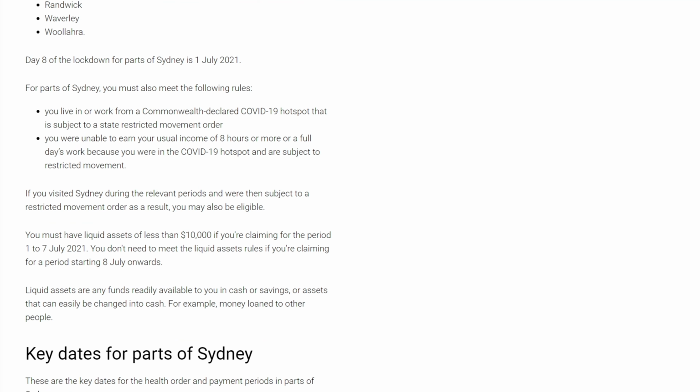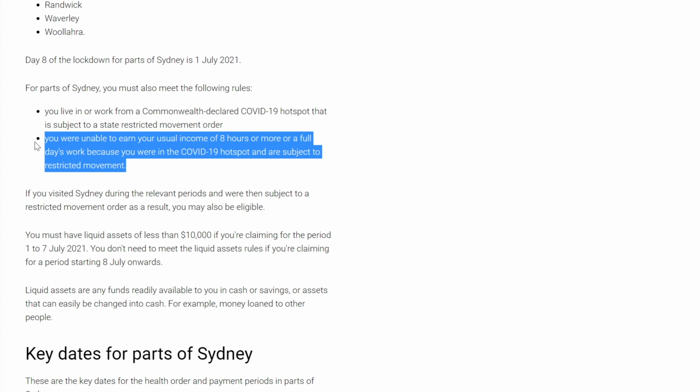You should be living in or working from a Commonwealth declared COVID-19 hotspot that is subject to a state restricted movement order, and you are unable to earn your usual income of 8 hours or more or a full day's work because you are in a COVID-19 hotspot and are subject to restricted movement.